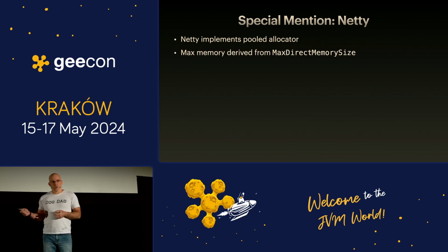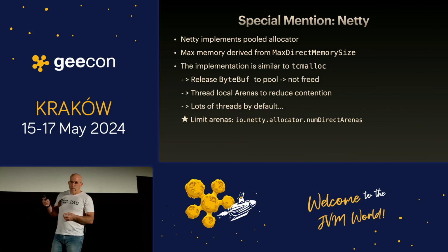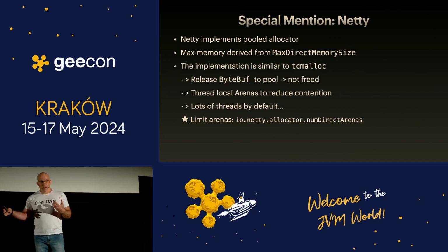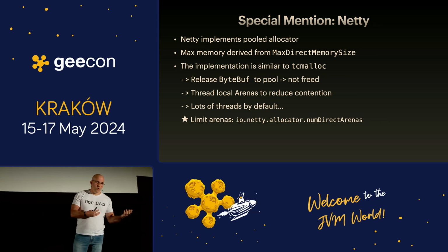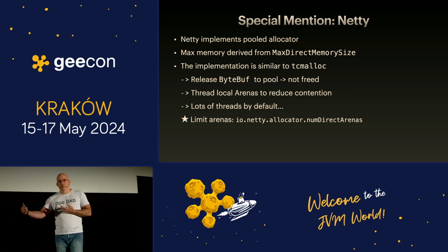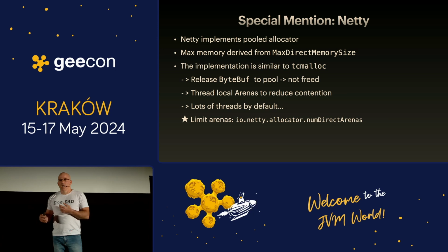The max memory is derived from the JVM setting, but you get the same kind of problems. So when you release into the Netty pool, it doesn't release into malloc because you're going to use that memory again, right? And we want to be efficient and we want to avoid contention, so we have lots of arenas.